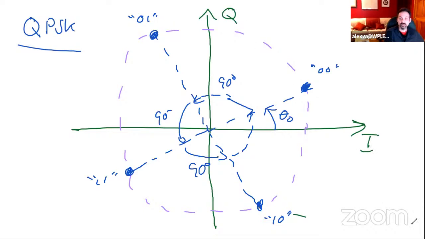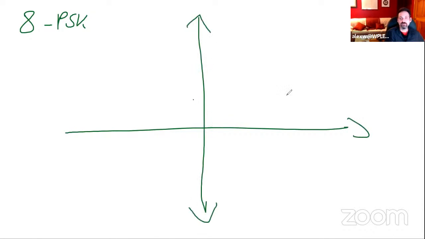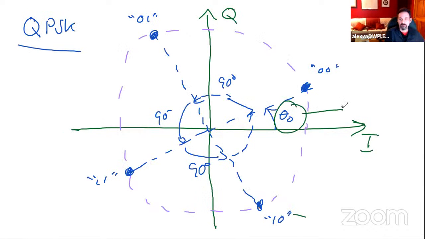Now, we could take this even one step further. Nothing stops us from doing something like 8 PSK. You might say, what the hey is 8 PSK? This is what it is. And just FYI, if this theta naught is offset as much as 45 degrees, we have a name for this.